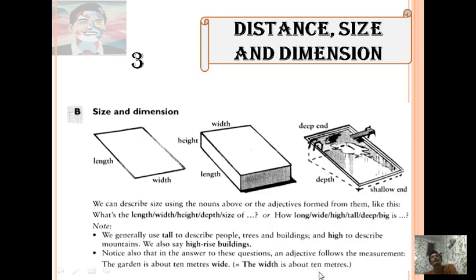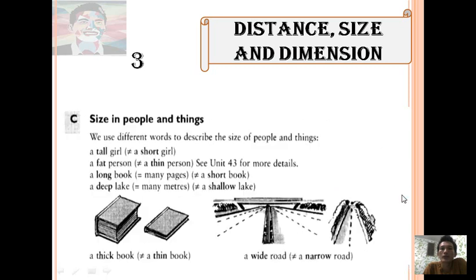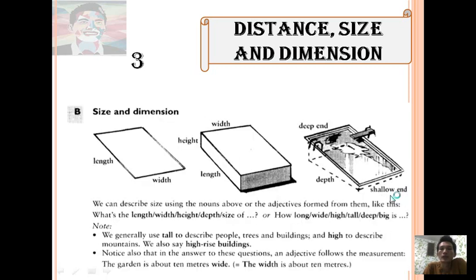Okay, next, size and dimension. Here for length, width, height, width, length, deep end, depth, shallow end.